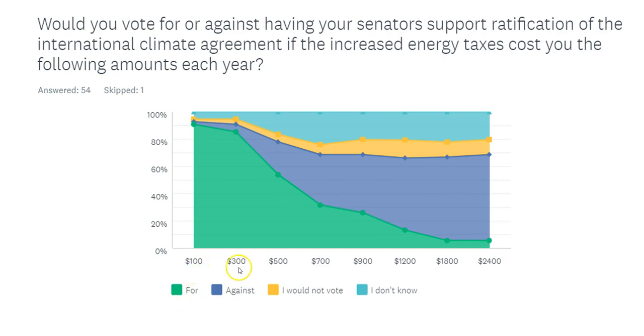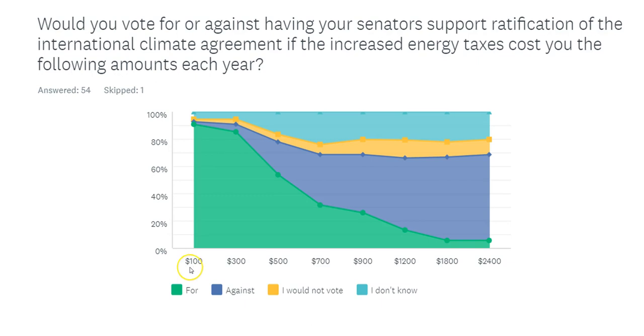Here we have the bid, or the higher energy taxes, on the horizontal axis, ranging from $100 to $2,400. And on the vertical axis we have the percentage of people who say they would be willing to pay those higher energy taxes.